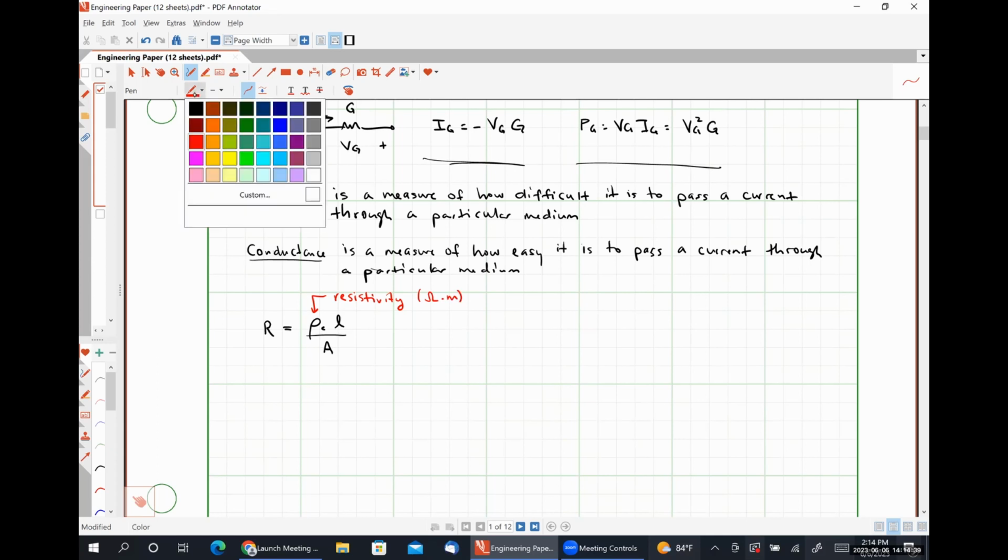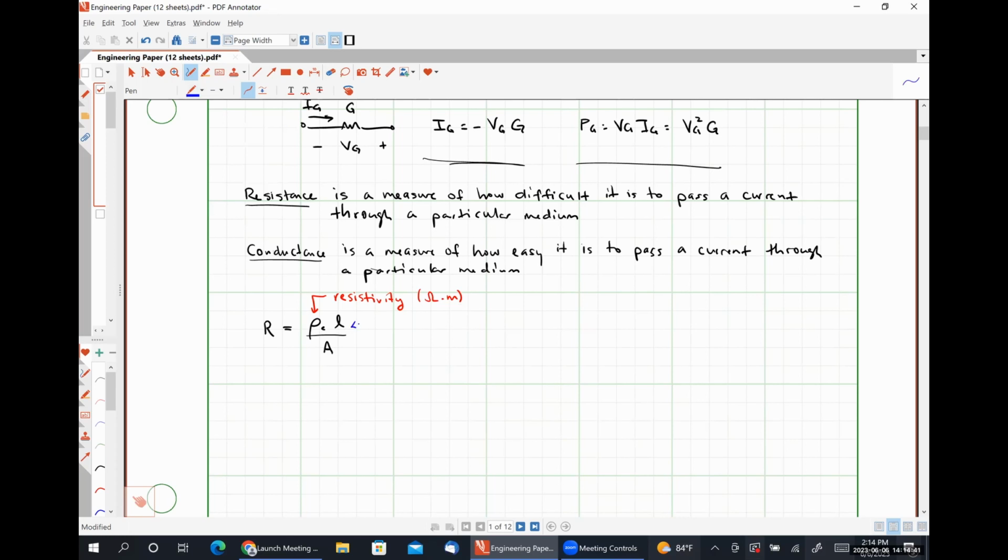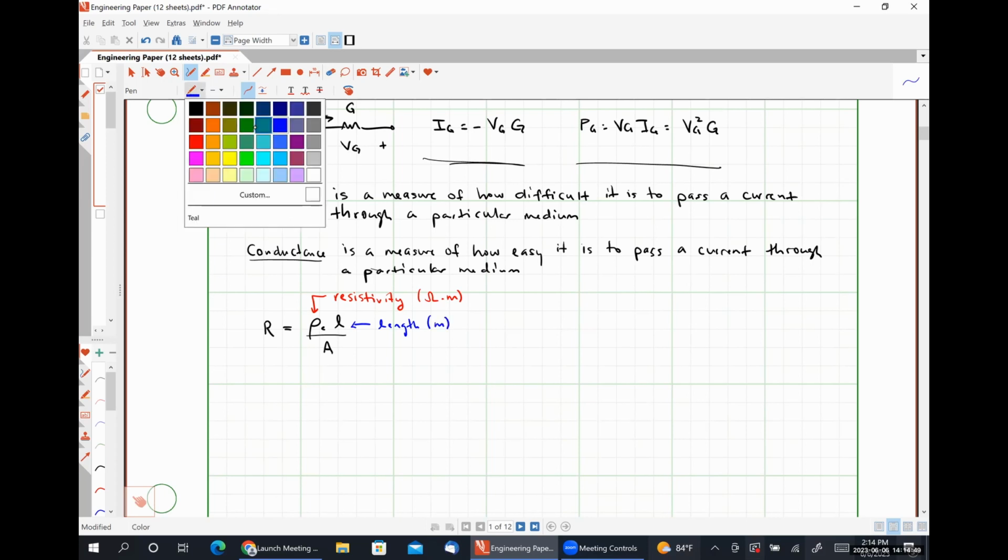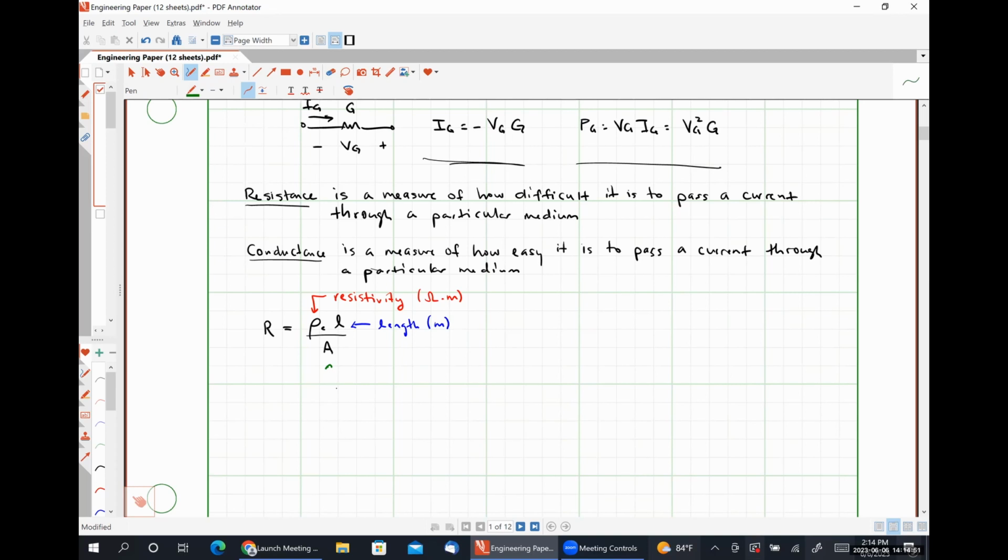Then we have our length, measured in meters. And here we have our cross-sectional area, measured in meters squared.